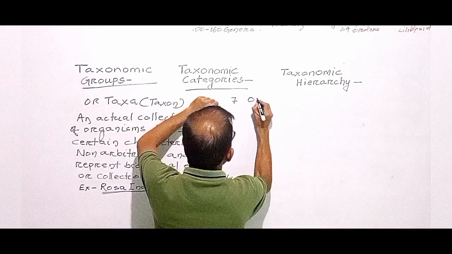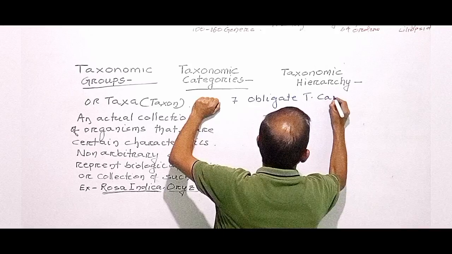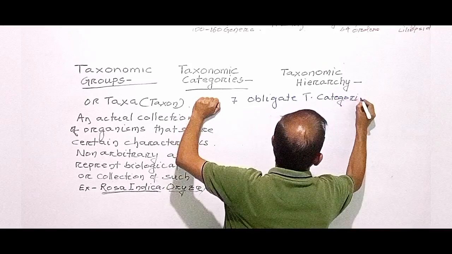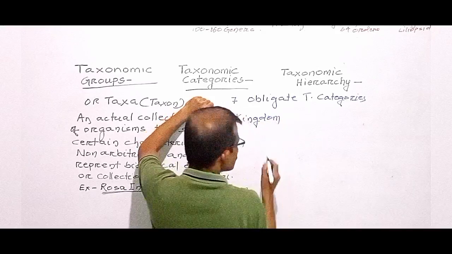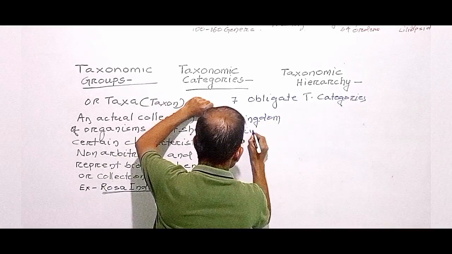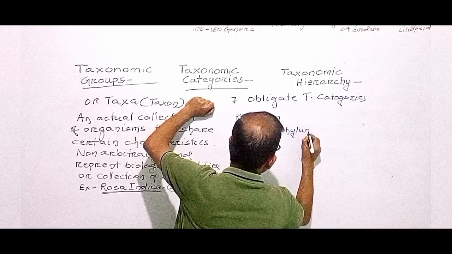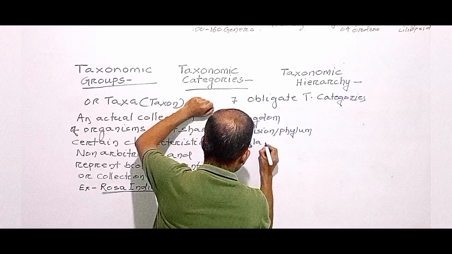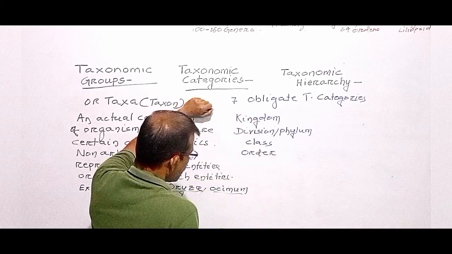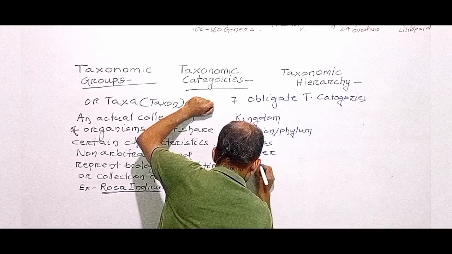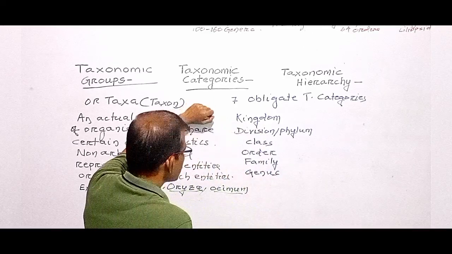In biology, there are 7 obligate taxonomic categories such as kingdom, followed by division or phylum, next class, followed by order, and then it is family, next genus, and at last it is species.